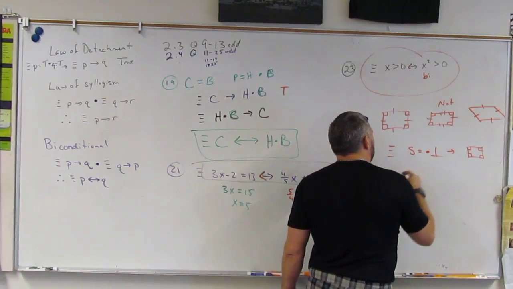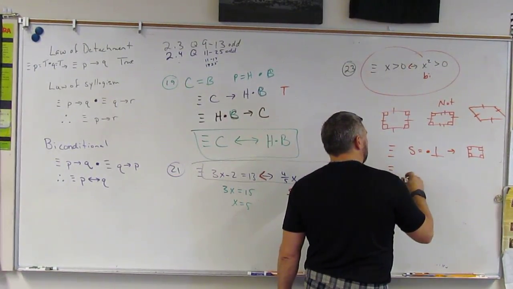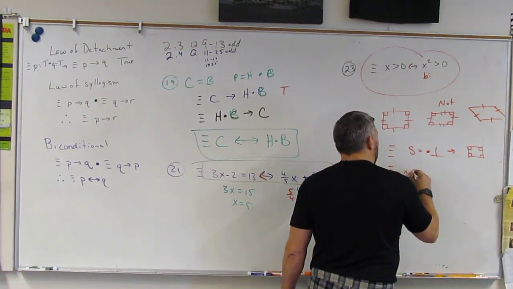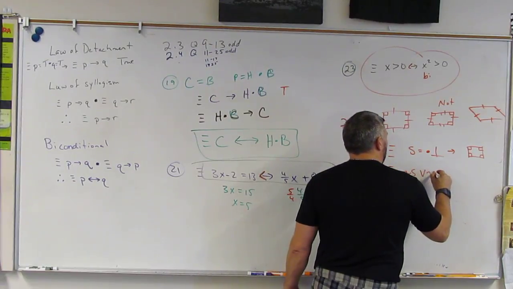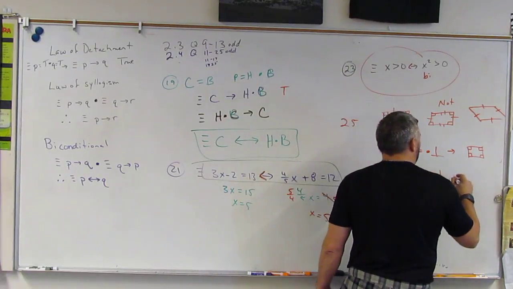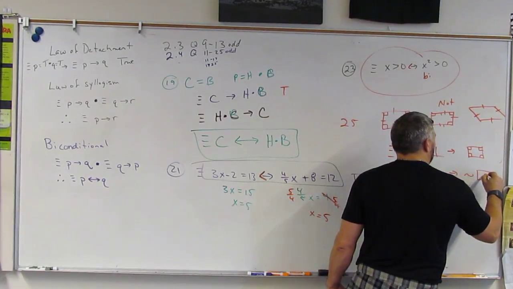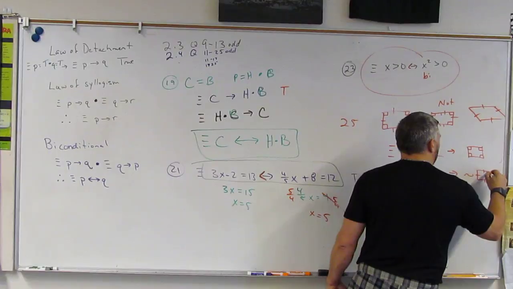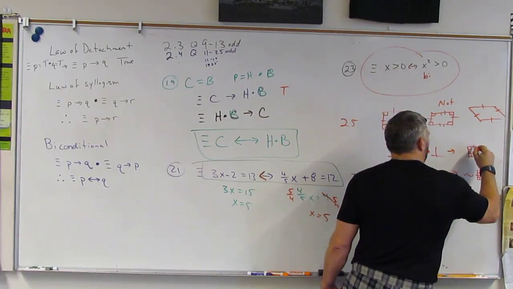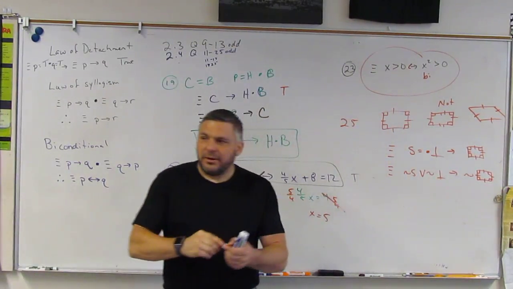If one of these is not the case, if not equal sides or not perpendicular, then not a square. And that's what they're looking for.